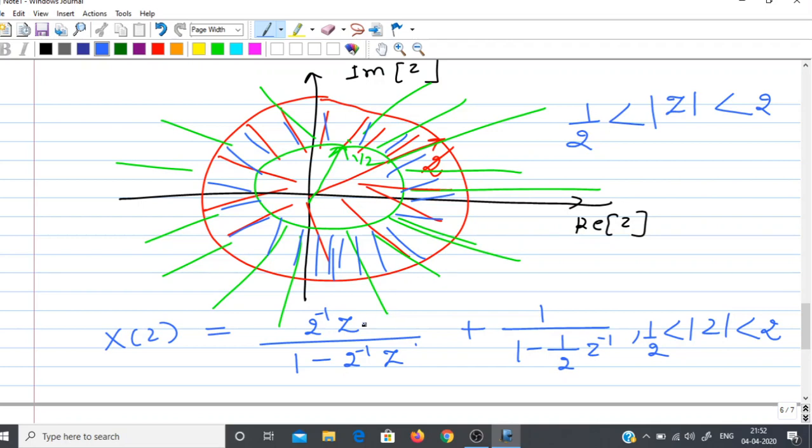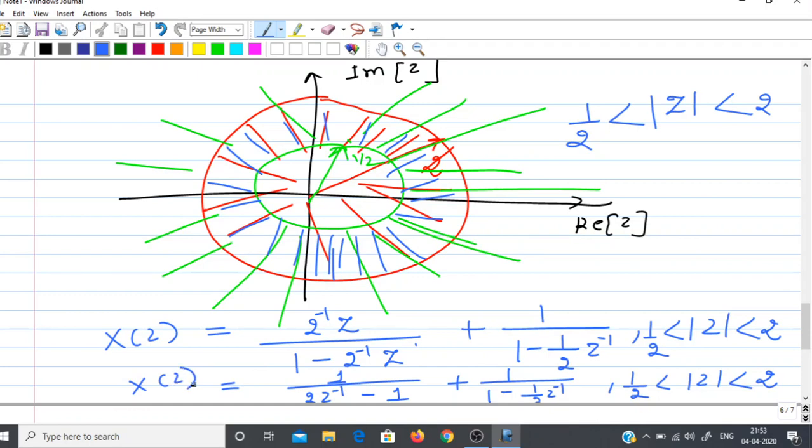So if you want the expression in Z inverse, you divide numerator and denominator by 2 inverse Z. Then you will get 1 upon, now 1 upon 2 inverse Z will become 2Z inverse minus 1, plus 1 upon 1 minus half Z inverse, with mod Z lying between half and 2. This expression can be further simplified, but that is trivial.